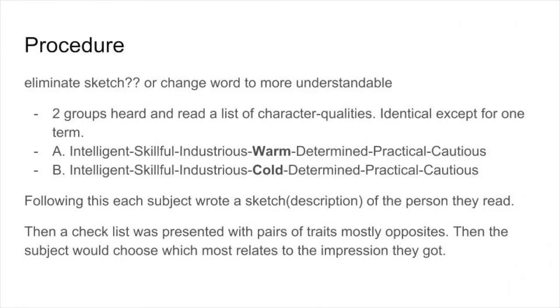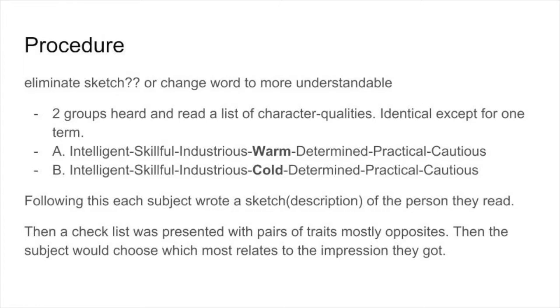The procedure of this study basically is two separate groups which heard a list of character qualities identical except for one term. The two groups were group A and B, and the word that they heard different was warm or cold. Group A heard and read intelligent, skillful, industrious, warm, determined, practical, and cautious.